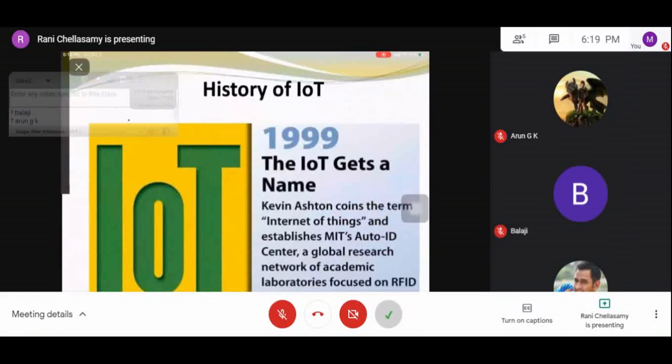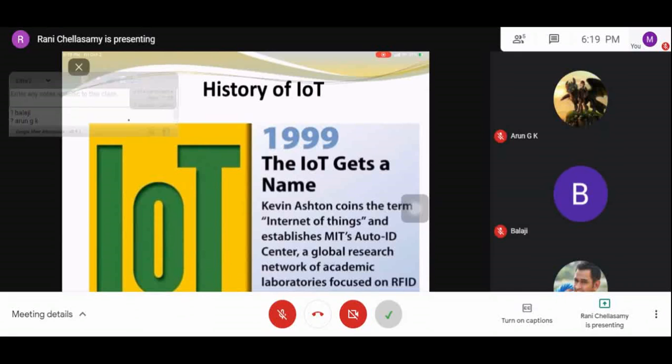As we just saw, Kevin Ashton coined the term Internet of Things in the year 1999 and established MIT's Auto-ID Center, a global research network of academic laboratories. That research focused on RFID and the IoT. You might have come across the term RFID.